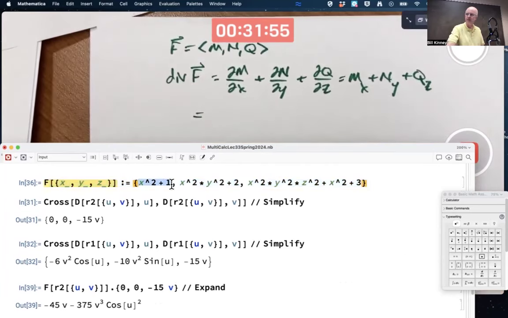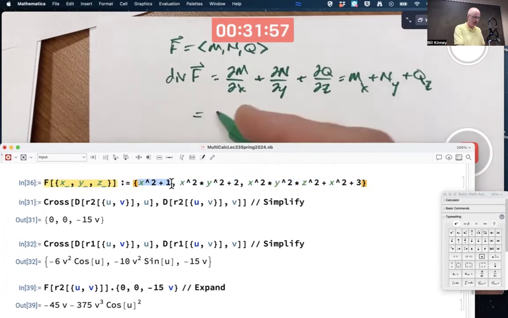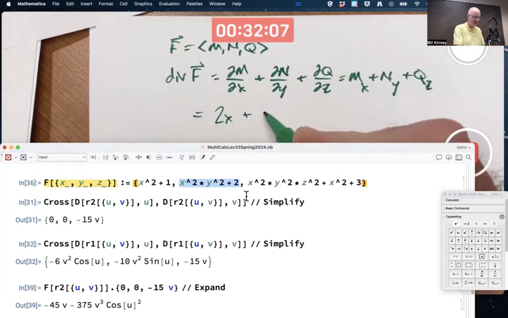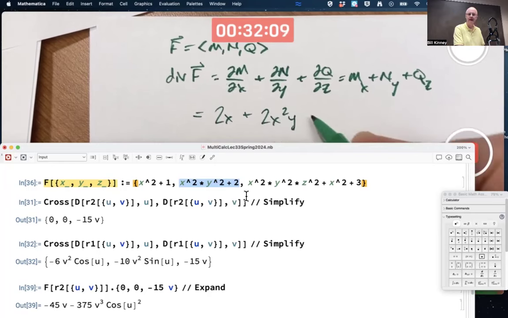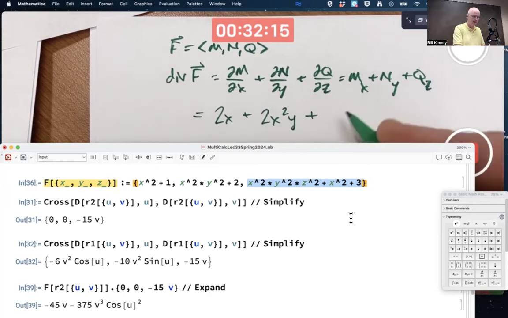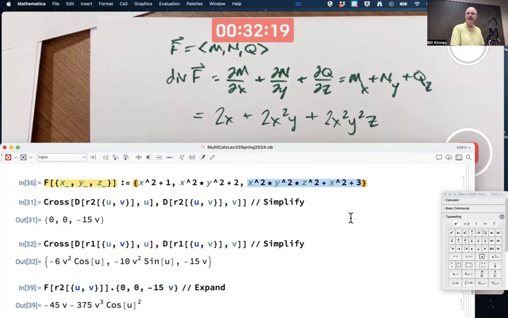That's the derivative of this with respect to x: 2x, plus the derivative of the second component with respect to the second variable. So differentiate that with respect to y: 2x squared y, plus the derivative of the third component with respect to the third variable: 2x squared y squared z. That's the divergence for this example.